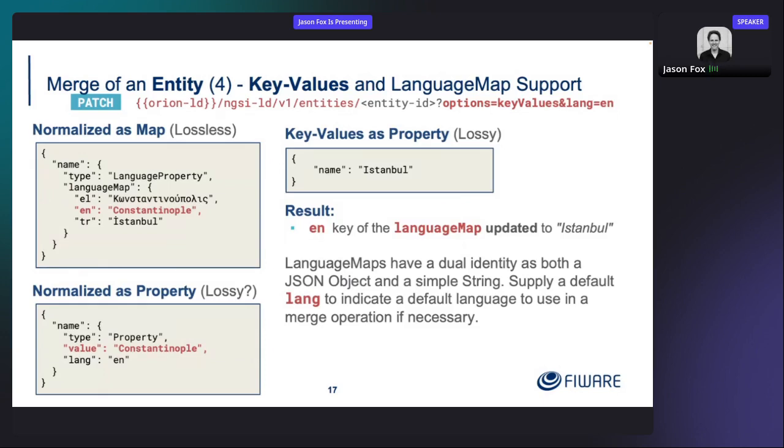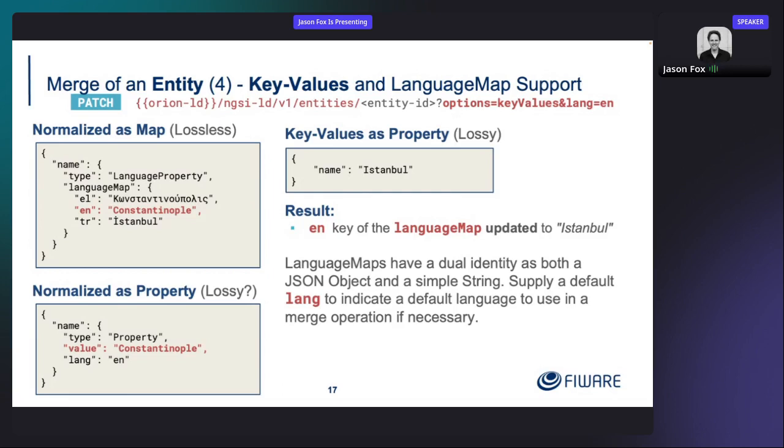Regarding language maps, as I said, they have this dual nature. So if, for example, you wish to update the English language name of the city from Constantinople to Istanbul, then if you've already got EN Constantinople, you could say, I am putting in my key values. Now, if you've received that attribute using options key values and also already put in language EN, it will appear to be a property rather than appear to be a language map. That's the dual nature of these language maps.